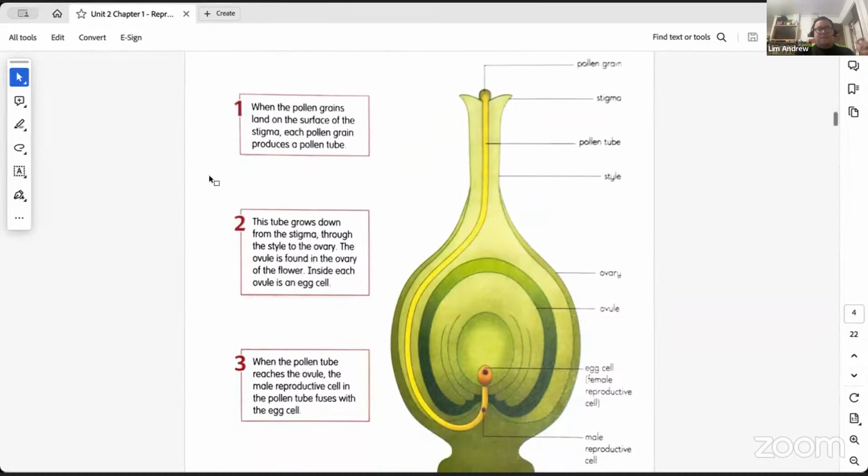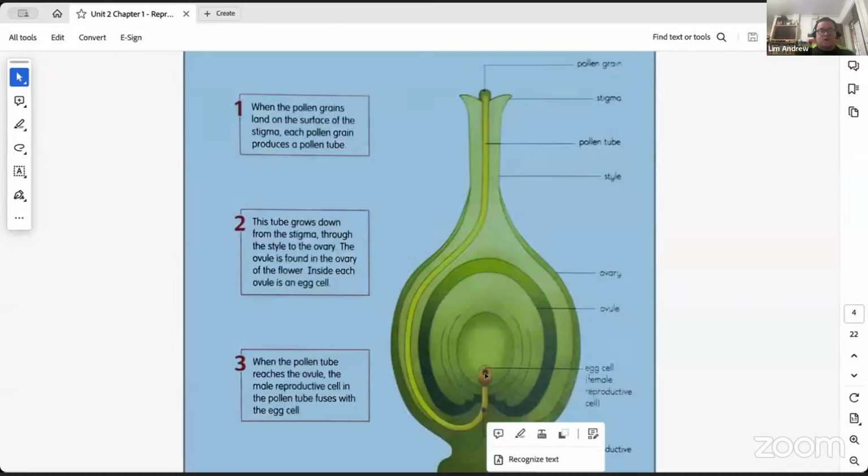Step 1. When the pollen grains land on the surface of the stigma, each pollen grain produces a pollen tube. The tube grows down from the stigma through the style to the ovary, and the ovules are found in the ovary of the flower. Inside each ovule is an egg cell. So when the pollen grain gets stuck on the stigma, it will grow a long pollen tube all the way to the ovary.